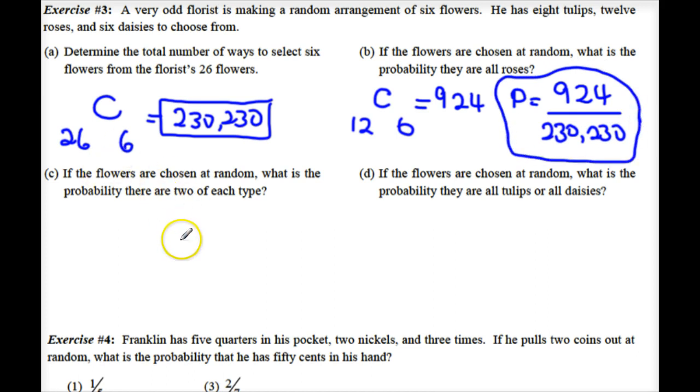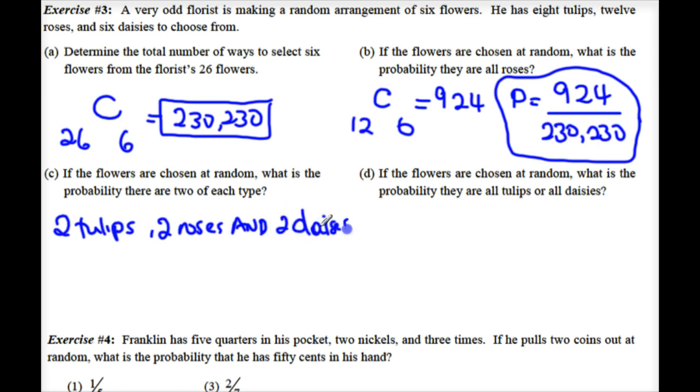Now it says, what if the flowers are chosen at random? What is the probability that there are 2 of each? So I've got to get 2 tulips, 2 roses and 2 daisies. So tulips, we have 8, so we need 8 choose 2, and remember and means we multiply. There are 12 roses and we only need 2, and then there are 6 daisies, we need 2.